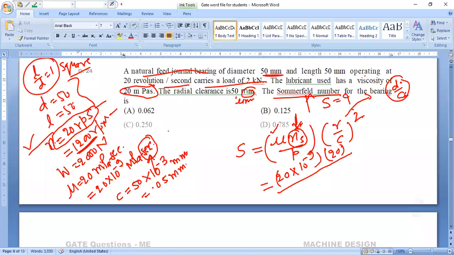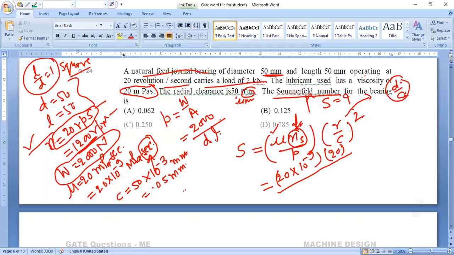Pressure is not given, so pressure can be found by load upon area. So load is given, 2000 Newton is the load divided by area. And what is the area? Area is dl, diameter into length.